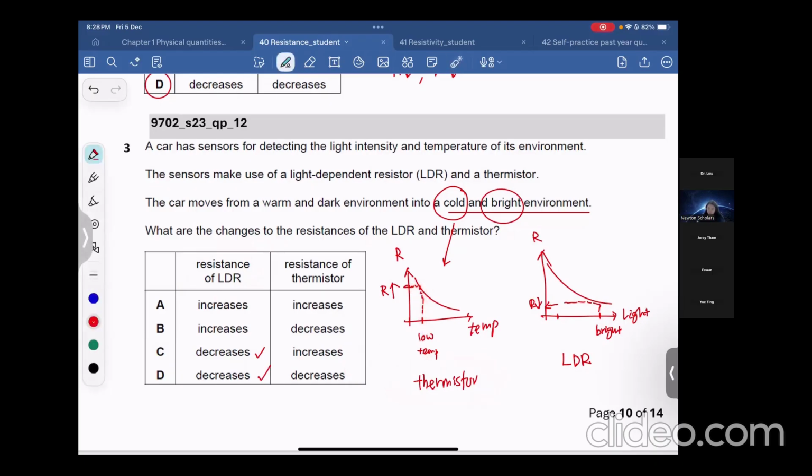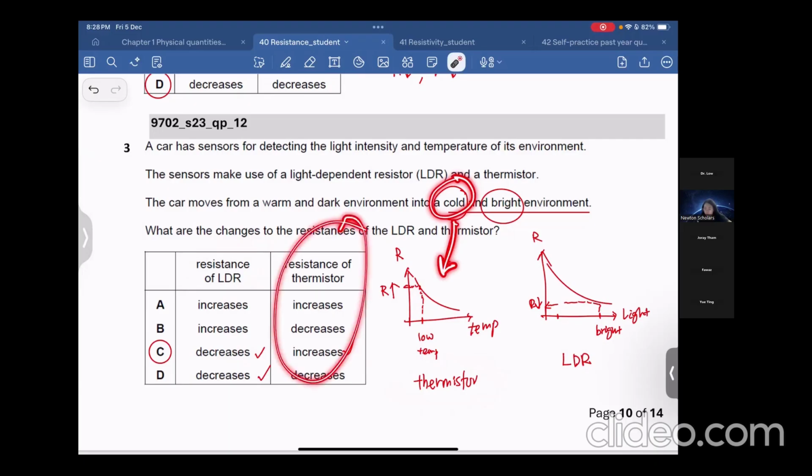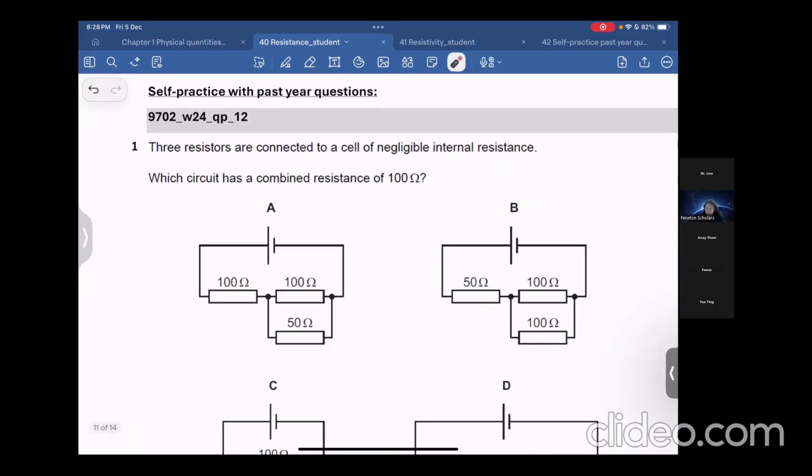So answer should be C. Okay, in the question they talk about the temperature first, but at the end in the table they talk about LDR first. So please, this is a careless mistake, I will do careless mistakes also. Okay, C, Manjo, yes.